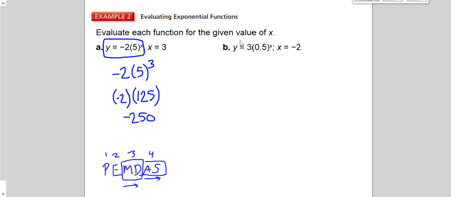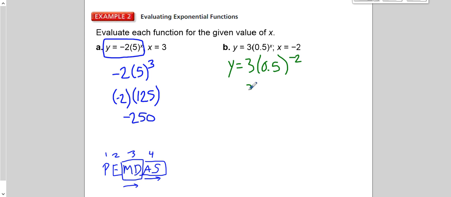Okay, example 2, part B. Do it again, but with a negative 2. Now, if you have a calculator handy, you can just use the calculator and type it in as you see it. 3 times parentheses 0.5 to the negative 2 power.